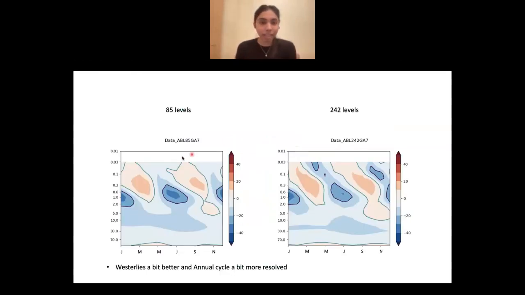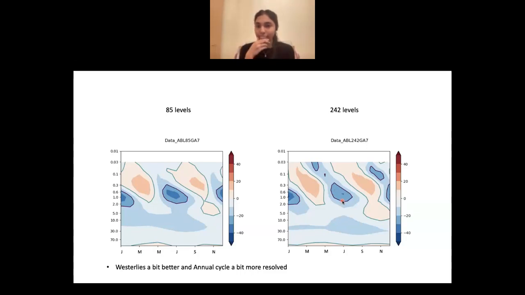Here I have the zonal mean zonal wind magnitude climatology. This one is from the 85 level model and this is from the 242 level model. As you can see, the westerly phase magnitudes improve when we come to the 242 level model. Not that much, definitely not what we want to see, but there is an improvement. And the easterly phase, the second half, actually reduces in magnitude, which helps the annual cycle we mentioned earlier.